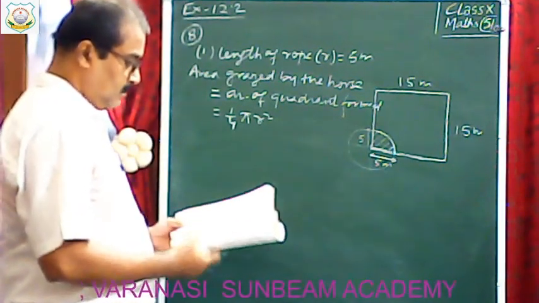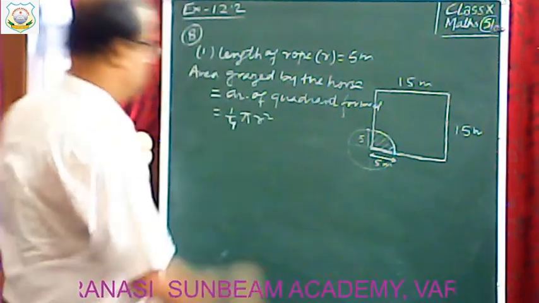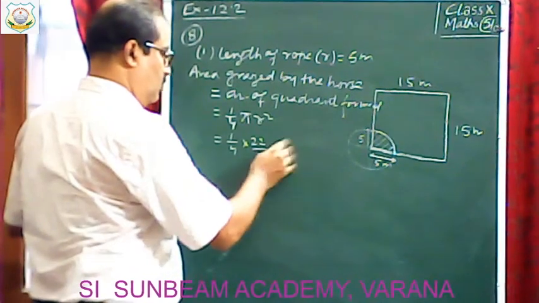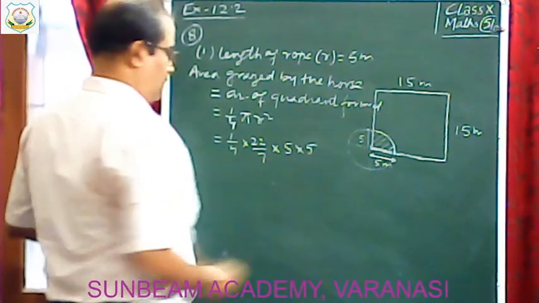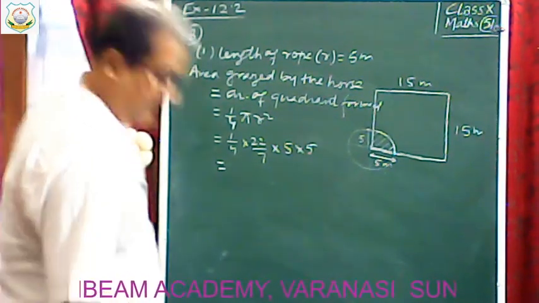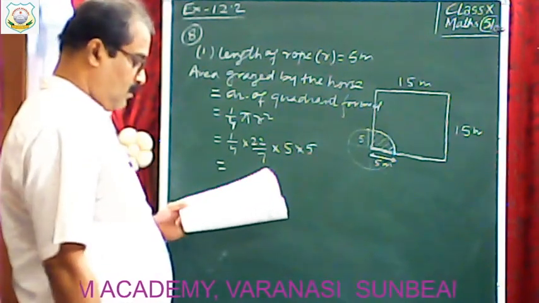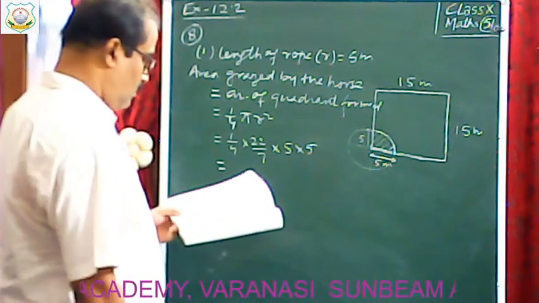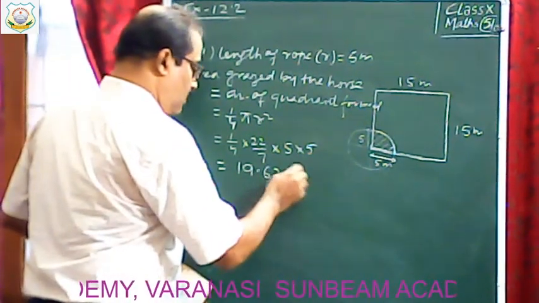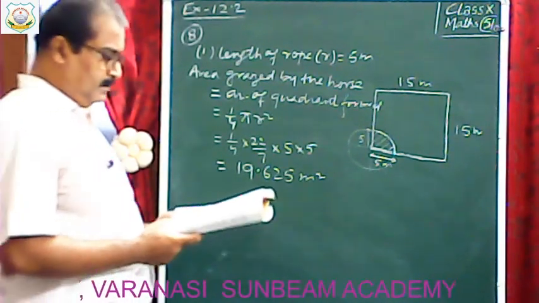Okay, pi you have to use 22 by 7. 1 by 4 into 22 by 7 into 5 into 5. You have to calculate, 25, 50, 550, 19.625 meters square. You have to check my calculation also.